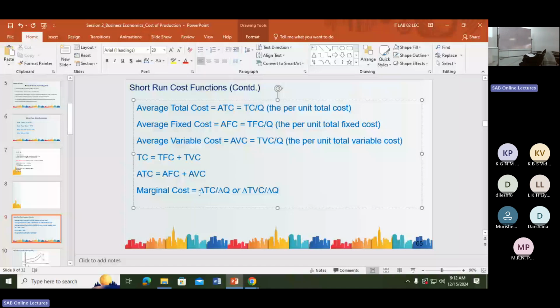And the marginal cost is the change in total cost when producing an extra unit of output.